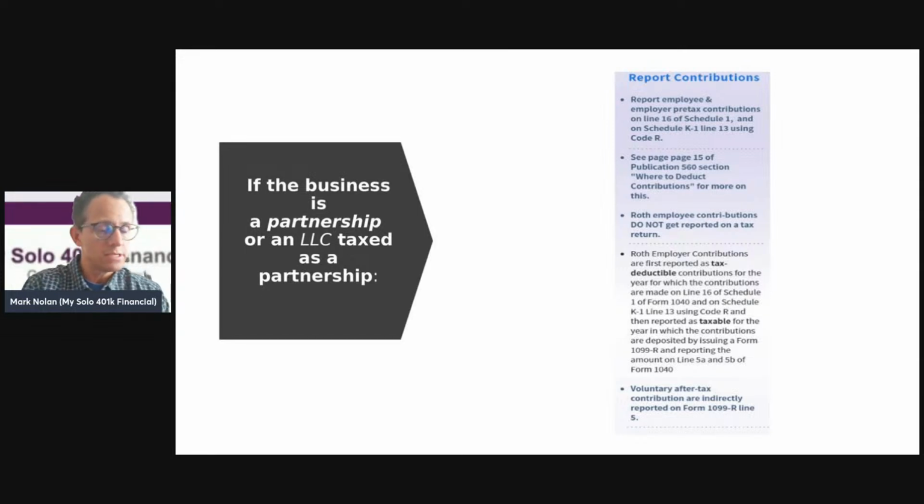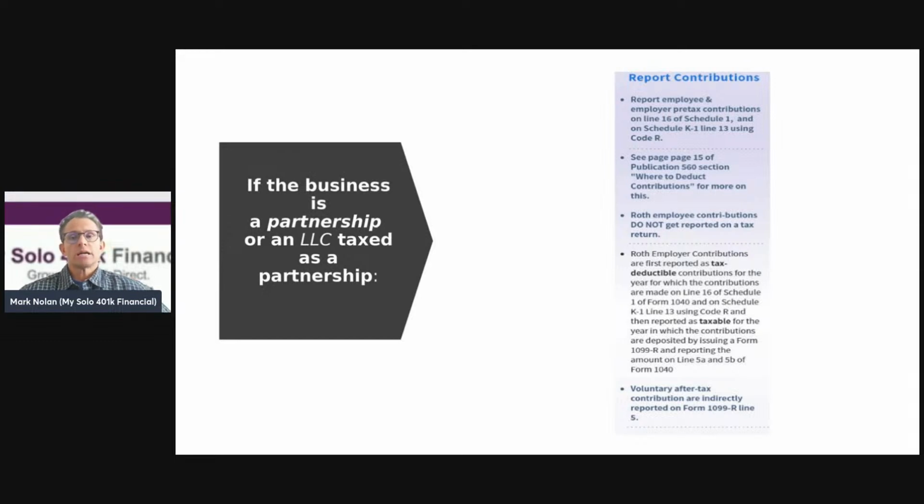goes over how to report contributions if your business is an LLC taxed as a partnership. So it even applies to a partnership. So again, we have this information on our website as well, but let's just go over a couple items here on that front. So you're going to report employee and employer pre-tax contributions if your business is taxed as a partnership.